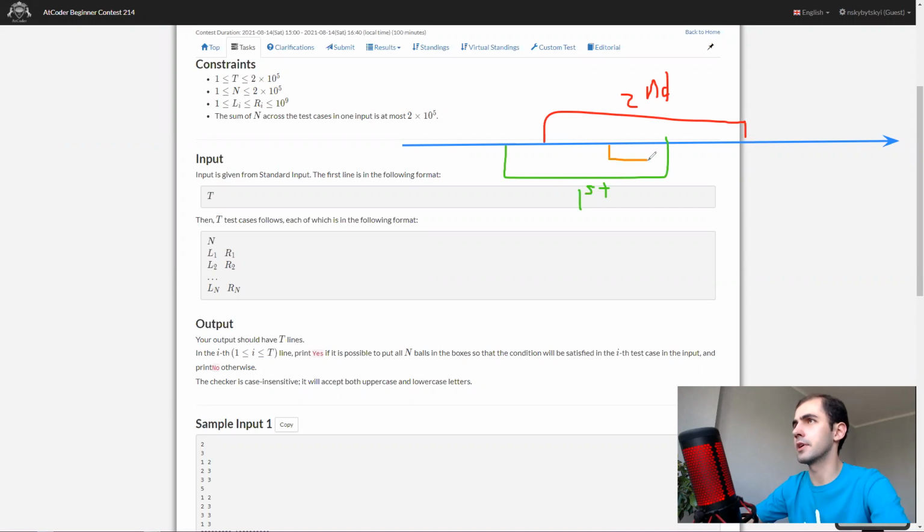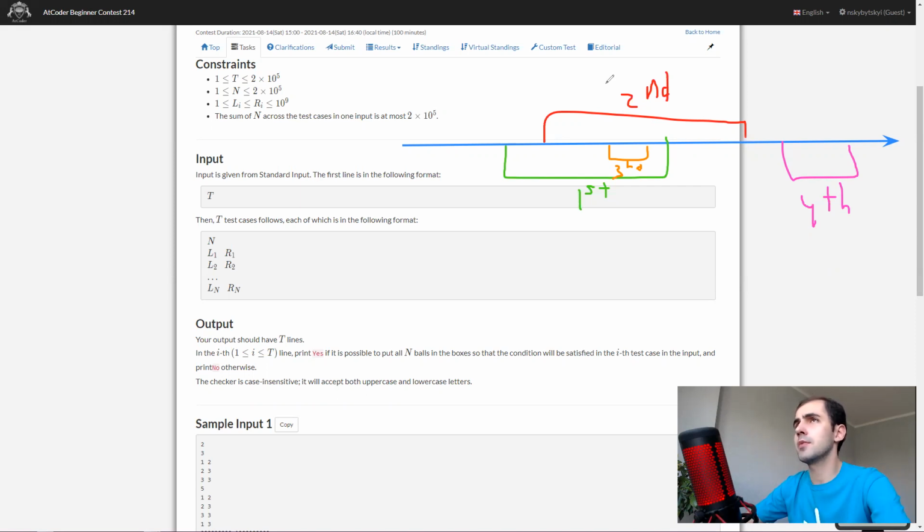They may be completely within each other, or maybe they don't even intersect at all, which just makes our life easier. So we want to determine whether there is a way to put the balls into the boxes such that each box gets at most one ball, and each ball gets within its range.